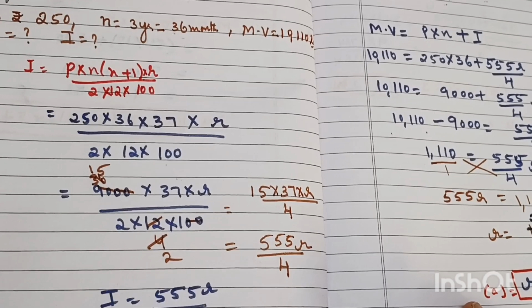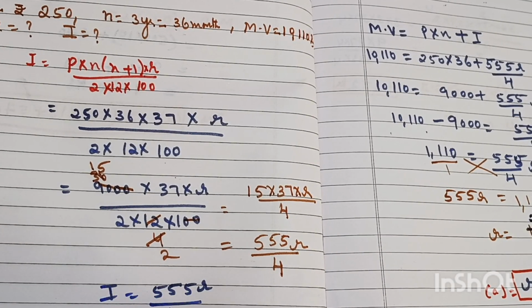So what is the interest value? The interest value we wrote as 555 R by 4.